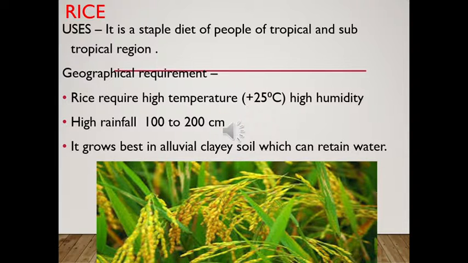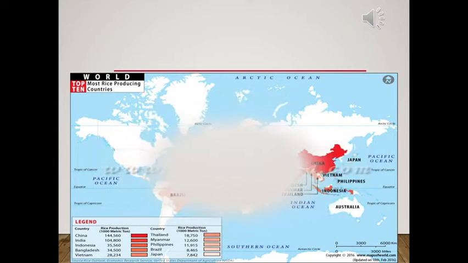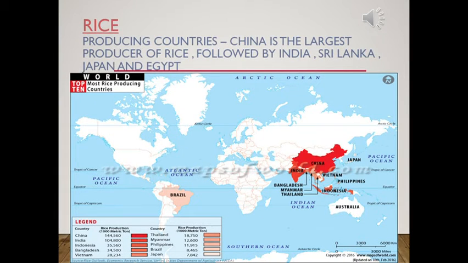Rice requires high temperature, above 25 degrees centigrade, high humidity, and rainfall to grow. China is the largest producer of rice, followed by India, Japan, Sri Lanka, and Egypt.